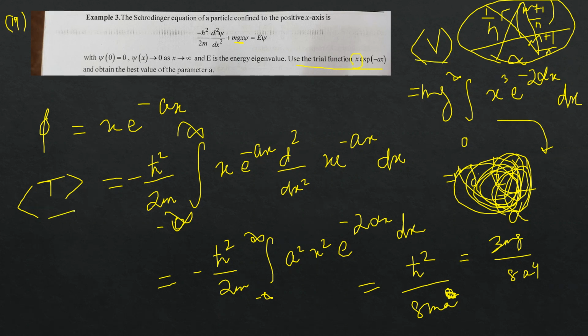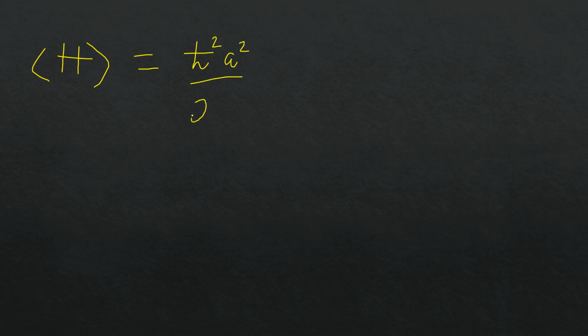This is the kinetic energy expectation value, and you will just add them. You will get H will be h cut square a square by 2m plus 3 mg by 2a.